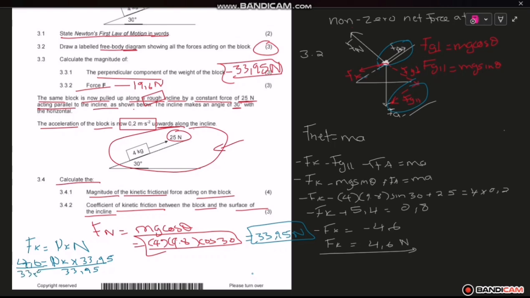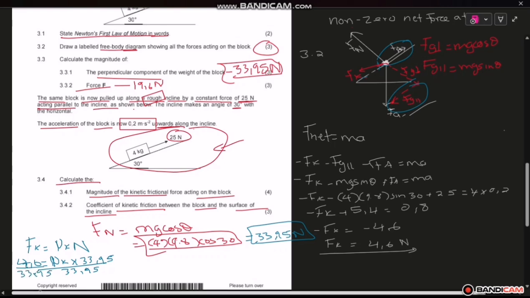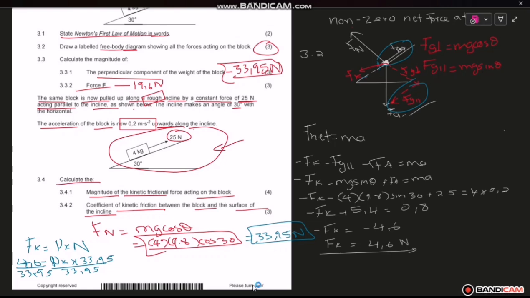So the value of mu k now becomes 4.6 divided by 33.95, which is going to be 0.14. This is our answer, and it doesn't have SI units.